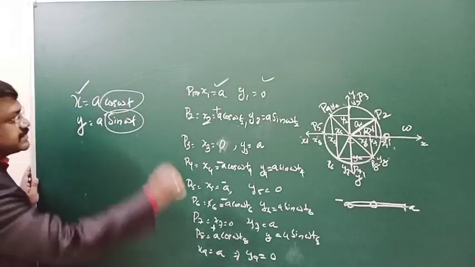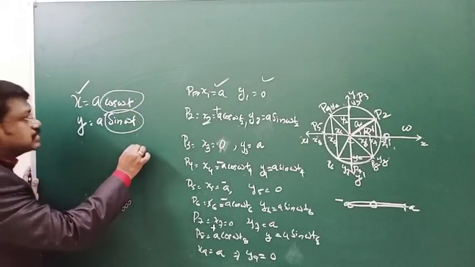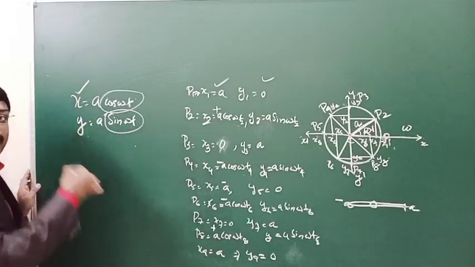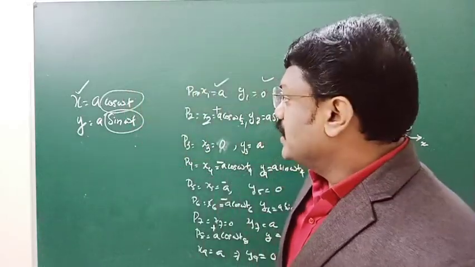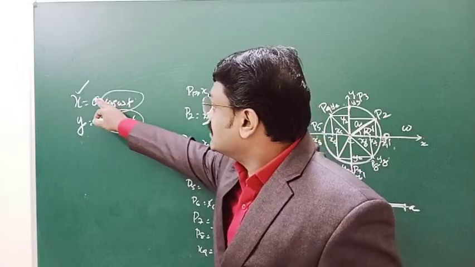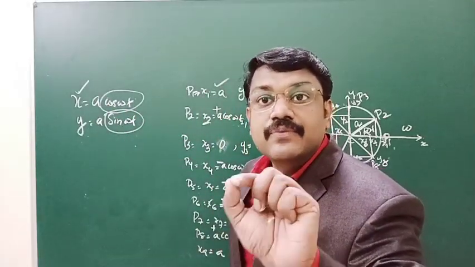Sine and cosine functions are simple harmonic functions. So the displacement along the x direction and along the y direction are following a sine or cosine function, so the x and y variations are simple harmonic variations.